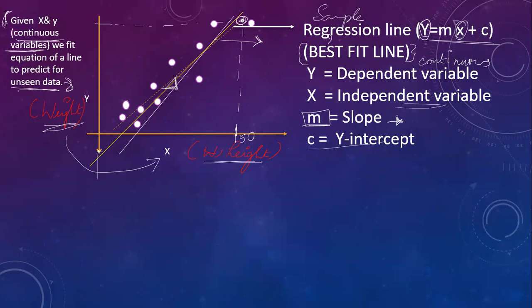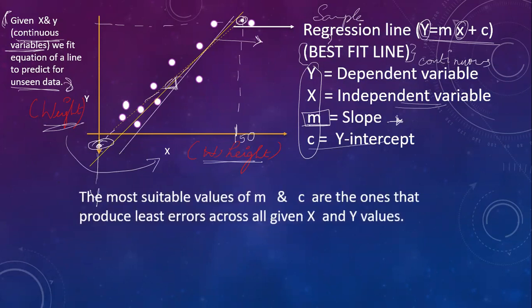If I extend this line, this dotted line is the regression line. The point at which the regression line touches the y-axis is called the y-intercept. So based on these four things, a regression line is formed. Using this equation, we draw a line, and that line is the regression line.